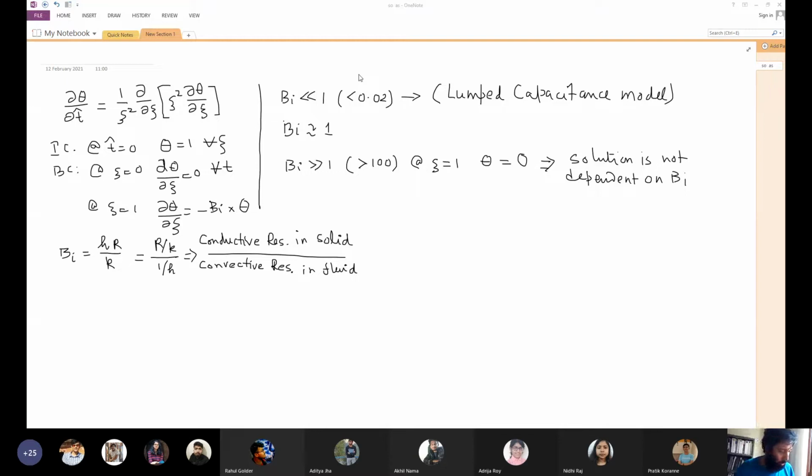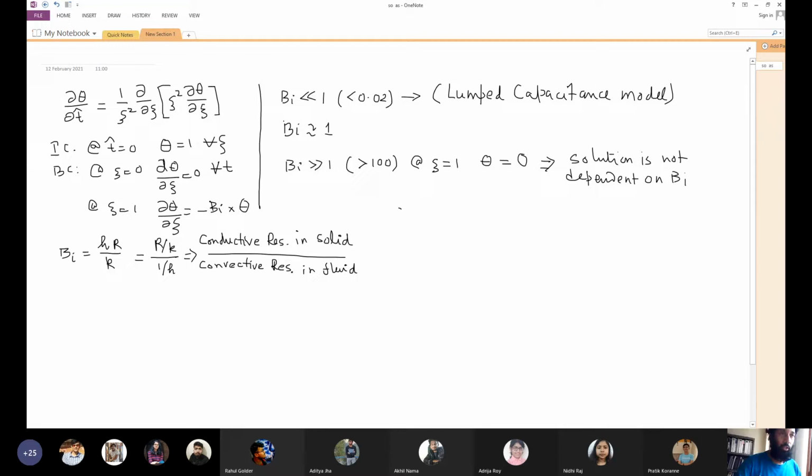So we'll not spend much time on the solution. We'll rather learn to use the solution than solve this equation. But I'm giving a brief idea of how to solve it.